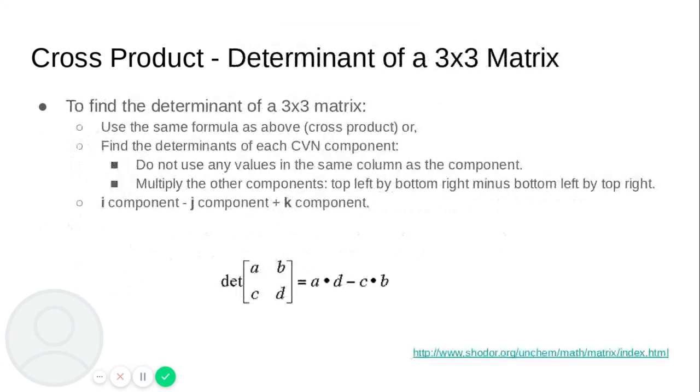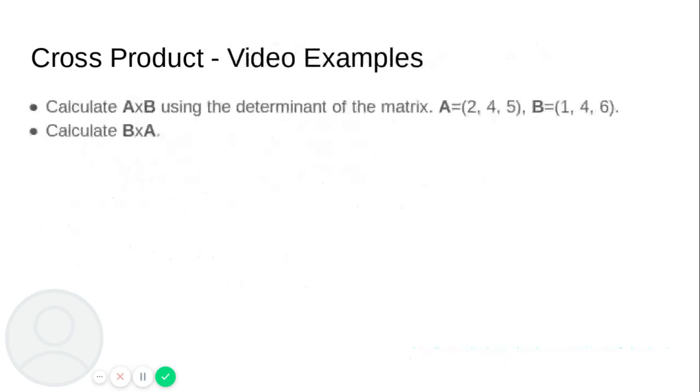I know that's probably kind of confusing, but I'll show you what that looks like in this example here. So we want to calculate A cross B using the determinant of the matrix. First we have to form the matrix with vectors A and B, and then we have to find the determinant of it, and that will give us the cross product, where A is 2, 4, 5, and B is 1, 4, 6.